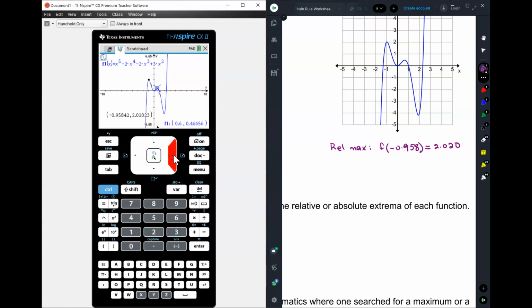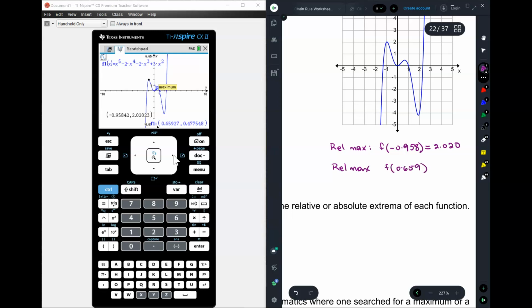So if you keep traversing the curve, this is what we call hopping along the curve, you will get to a point where it labels maximum, and then you have that. But be careful, if you don't get that confirmation that it's a maximum, you can't use it, right? Just because it seems close enough. So you have another relative max, and that's f of 0.659 equal to 0.478.